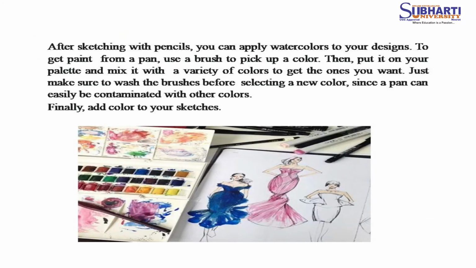After sketching with pencil, you can apply watercolor to your designs. To get paint from a pan, use a brush to pick up a color, then put it on your palette and mix it with a variety of colors. But you need to wash the brush before applying the next color, because watercolors mix easily, and then the colors that you want to put on the sheet miss out or fade out.